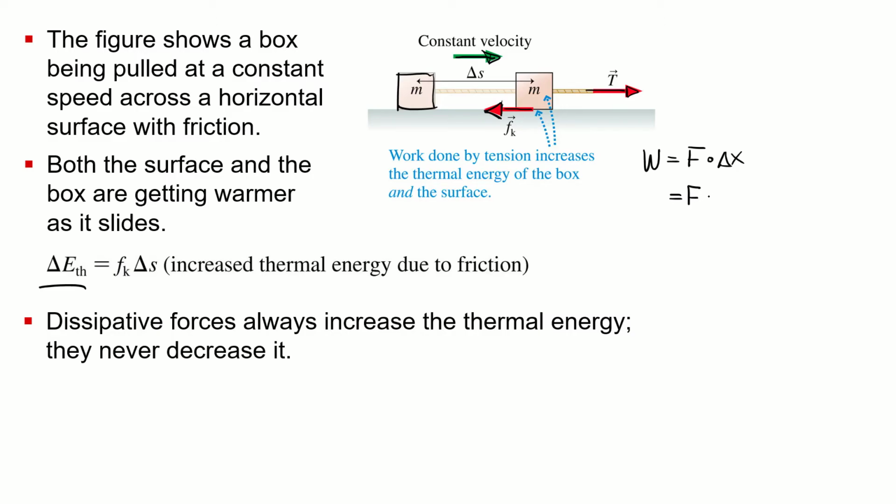So this ends up being the force times the displacement times cosine 180 degrees. That ends up just being -1, so we have negative the force of kinetic friction, which is mu k times N, times delta x, how far it's moved. That's how we would calculate the work done by friction on this.